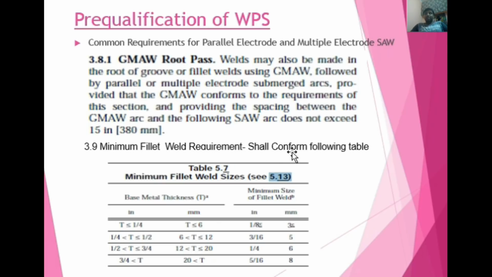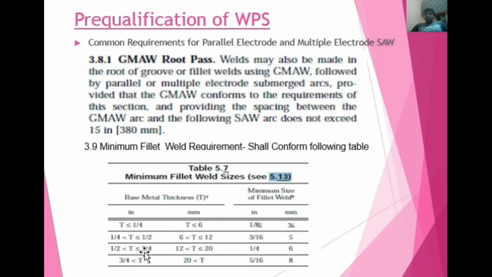Minimum fillet weld requirements shall be met. In 3.9, for the minimum fillet weld requirement, if T is less than or equal to 1/4 inch, then 6 mm, we have to use 3 mm. Then 1/4 to 1/2 inch base metal thickness, the minimum fillet size should be 5 mm.